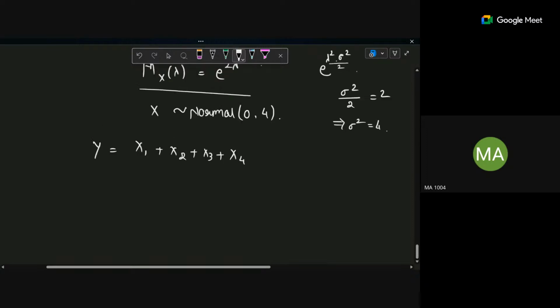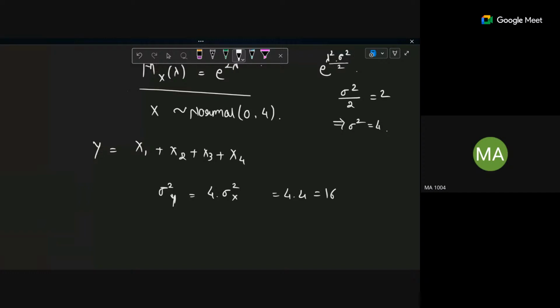Then what will be the variance of y? Can I write it as 4 times sigma square x? So here 4 into 4 is 16.